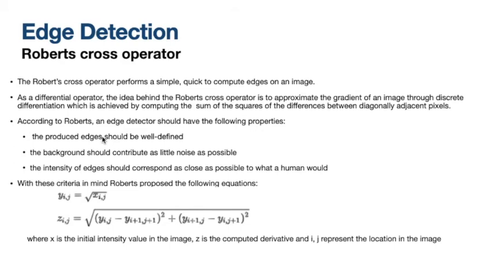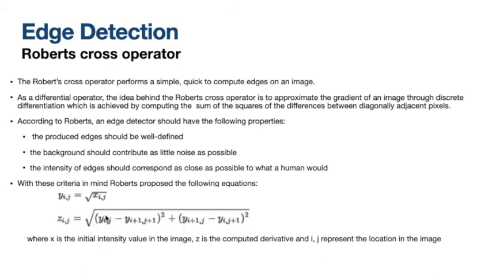With this criteria he has proposed an equation, where they compute the sum of squares of differences between diagonally adjacent pixels. That is given here. So here you have the root of the sum of squares of differences between diagonally adjacent pixels.